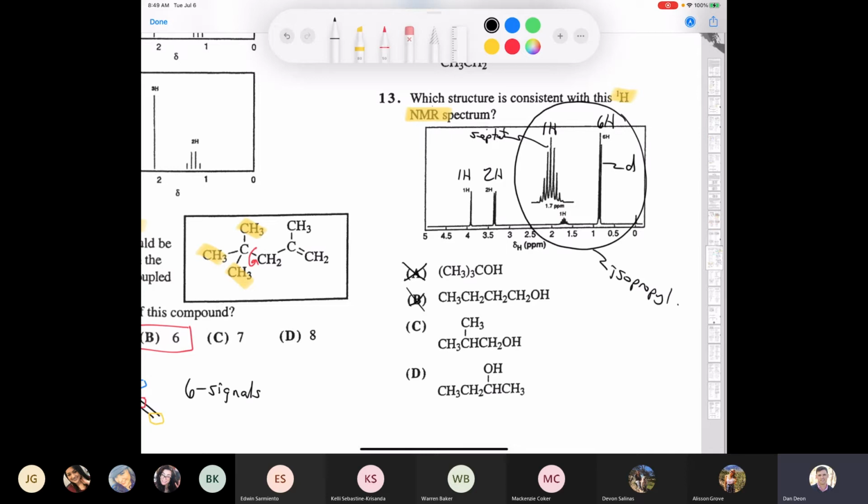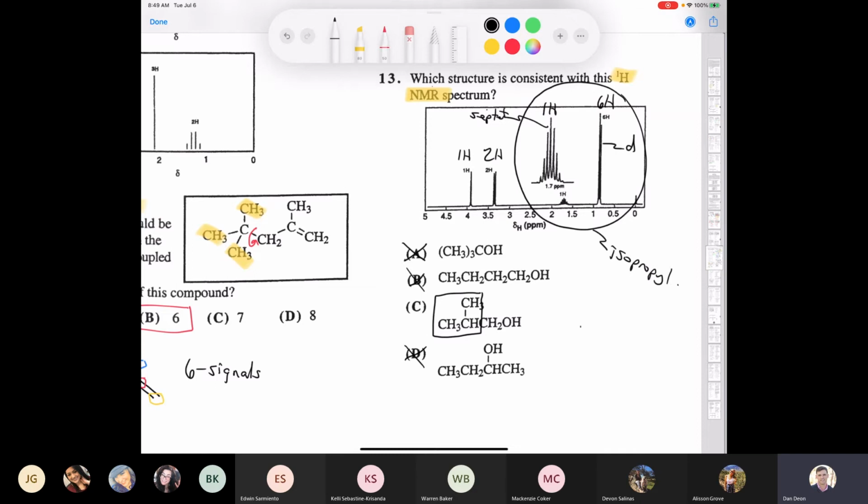Kind of, we have this over here, which would count like an isopropyl group. But in D, there's no isopropyl group either. This would actually be a sec-butyl group, sec-butyl alcohol. And so the answer is most likely C, and I definitely think that's the right answer.